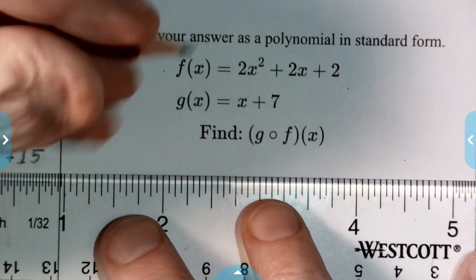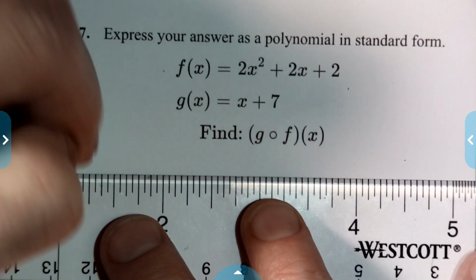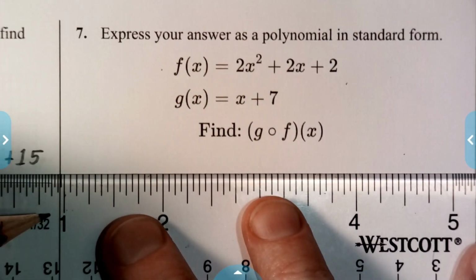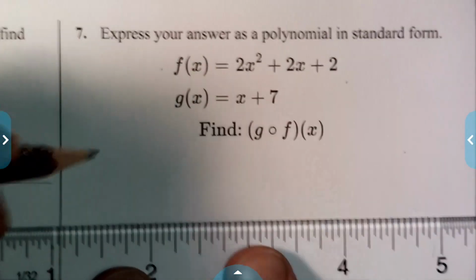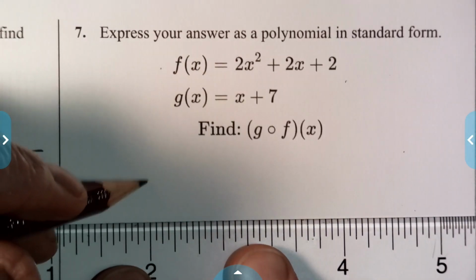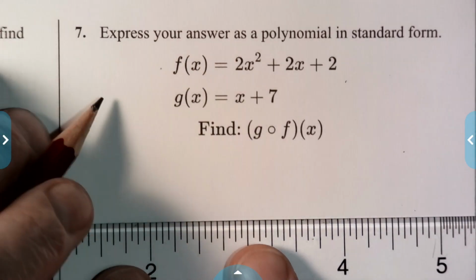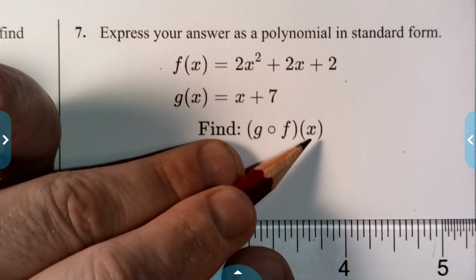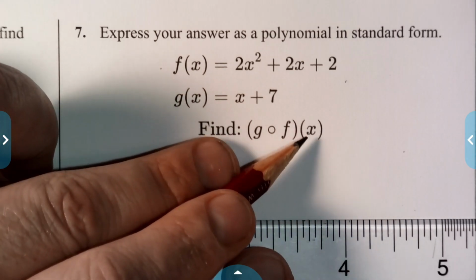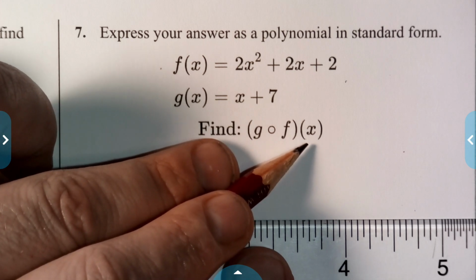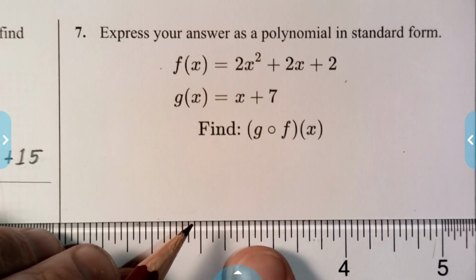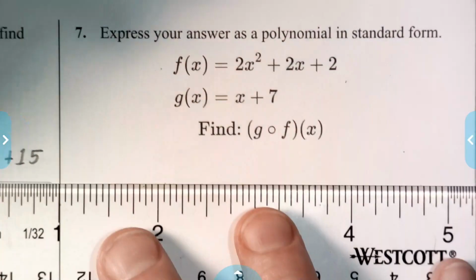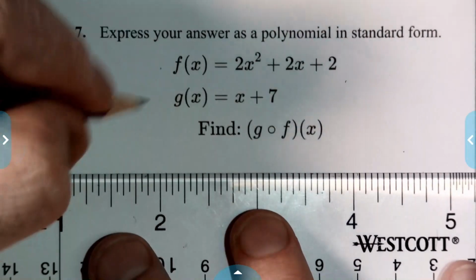So what's nice about this problem is this problem here exposes why you should not teach the calculator method, because it's not asking you to find an integer value. It's just asking you to compose the function, which we've been doing the entire time.